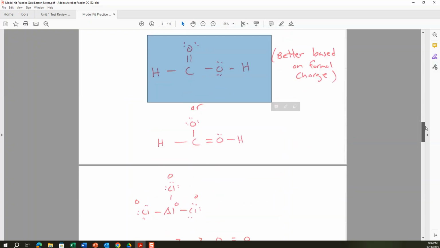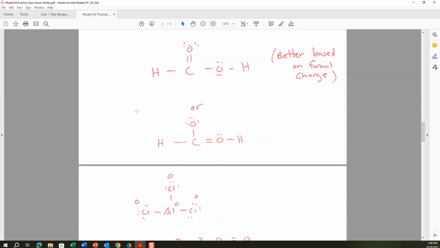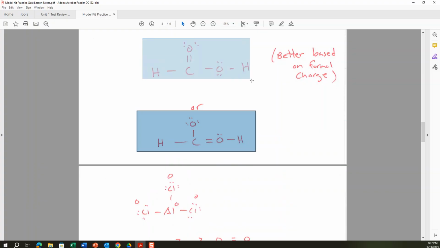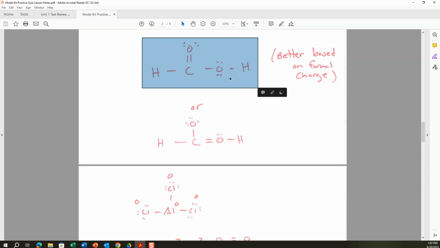Now, some of you might end up drawing the double bond on the other oxygen instead. That would be acceptable for this question, but it wouldn't be the best way in terms of formal charge. Also, if you remember what a carboxylic acid looks like, it's the OH functional group and the double bond O functional group on the same carbon. That might be another clue to why this is the better structure.